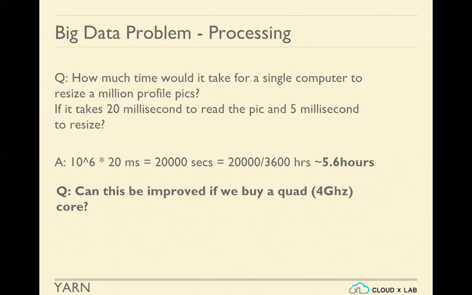But if we are able to somehow make the reading from disk really faster, one way is buying an expensive hard disk. The other way is we use multiple computers. Out of 1 million pictures, if we have 100 computers, we could put 10,000 in one, 10,000 in another, and so on, and then let it happen in parallel, correct?